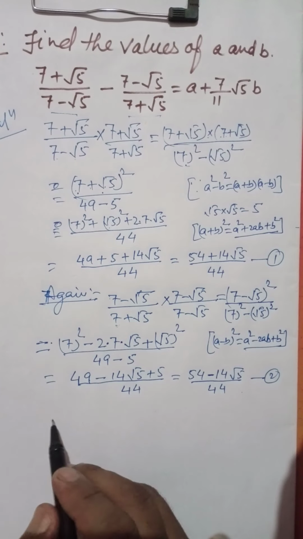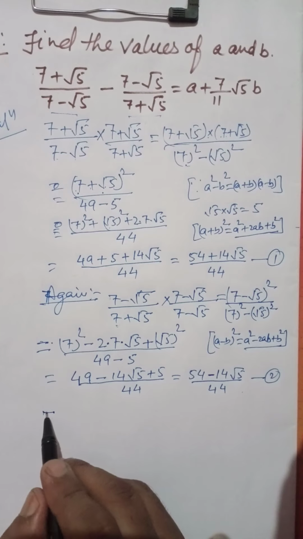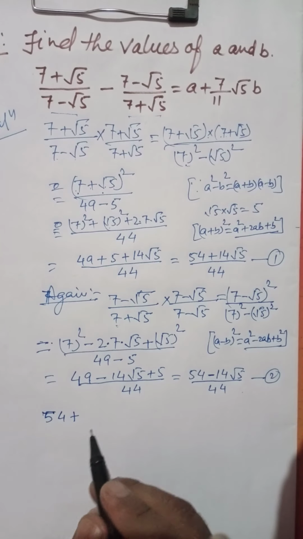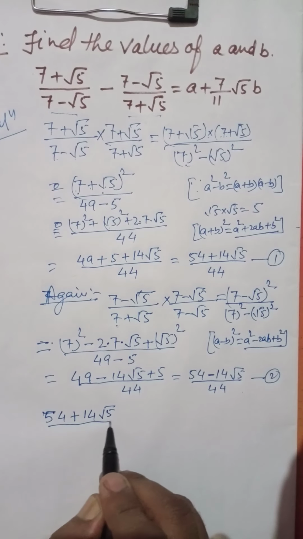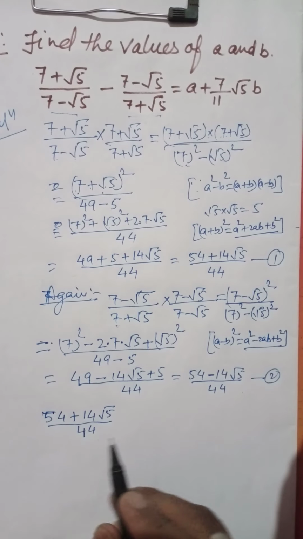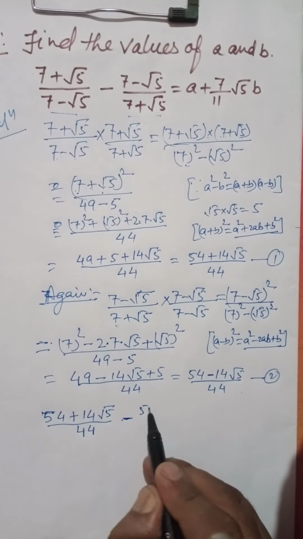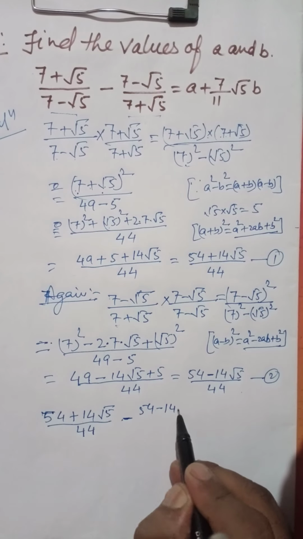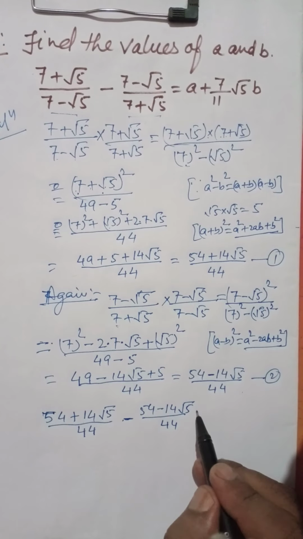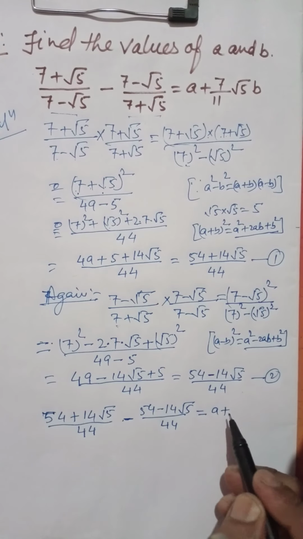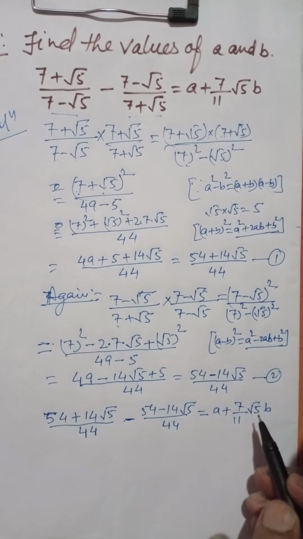Now we will use these two equations in place of this. Now see here, (54 plus 14 root 5)/44 minus (54 minus 14 root 5)/44 equals a plus 7 upon 11 root 5 b.